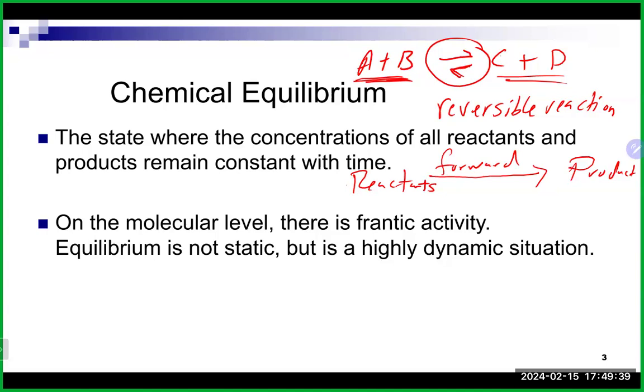And what will happen in these type of reactions is eventually you will build up enough products that they will recombine and head back in the opposite direction, where they go from products back to reactants. And that is what's referred to as the reverse direction.